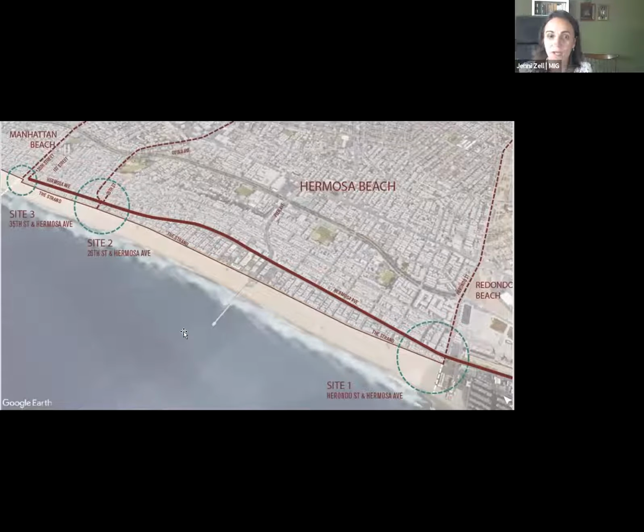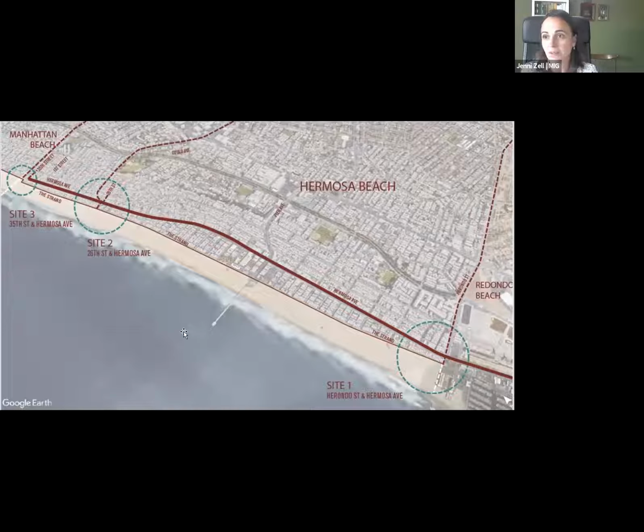And then we've also done a sea level rise technical report that models different scenarios and what those impacts might be and what's important for Hermosa Beach. And those items were presented at the first public meeting. I'm pretty sure that's on the city's website, if you missed it and want to go back and look.